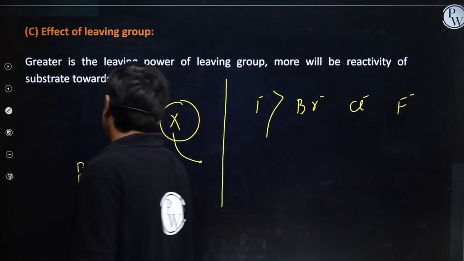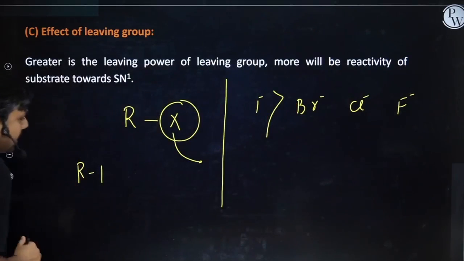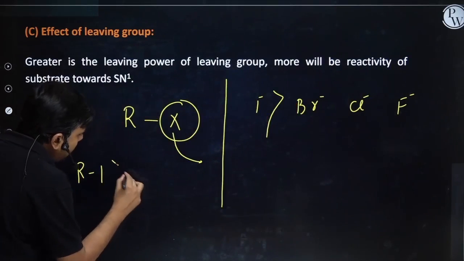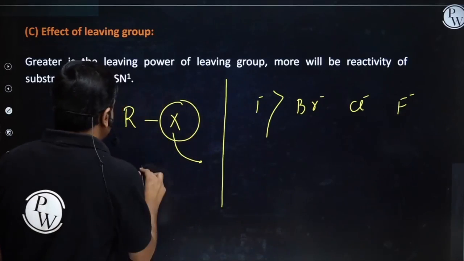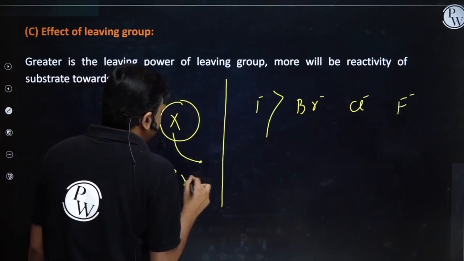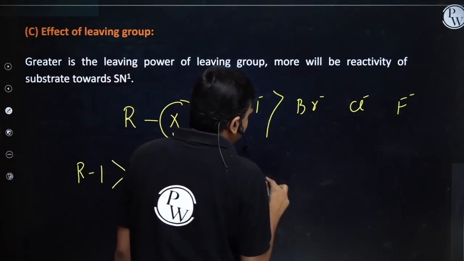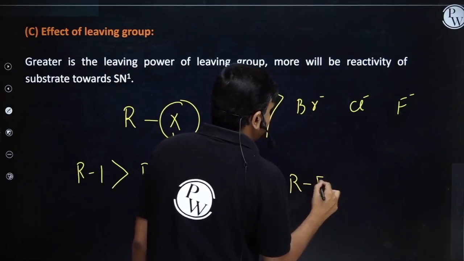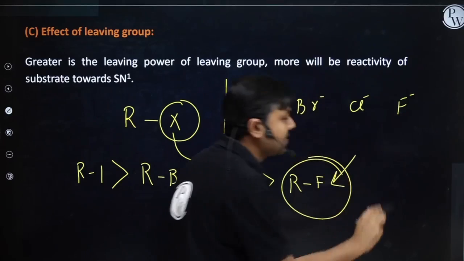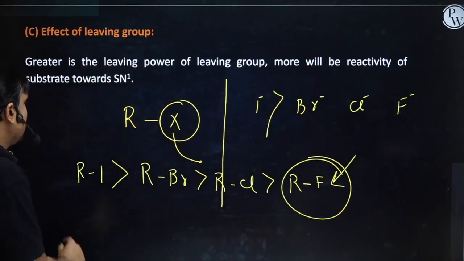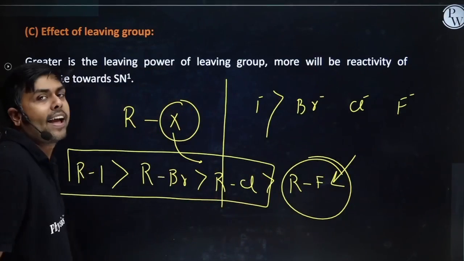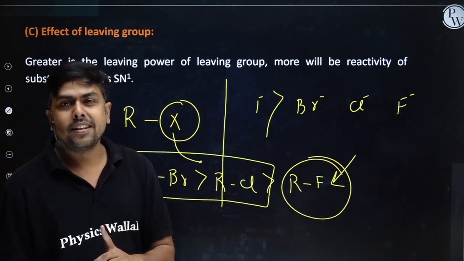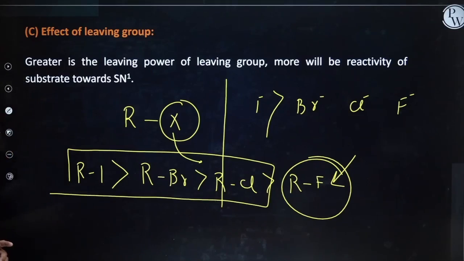So if R is the same, then the rate of SN1 reaction will be much faster in alkyl iodide, then alkyl bromide, then alkyl chloride, and then alkyl fluoride, least in this particular case. Am I clear, students? Mainly SN1 reaction occurs in these alkyl halides. Okay, let's move ahead.